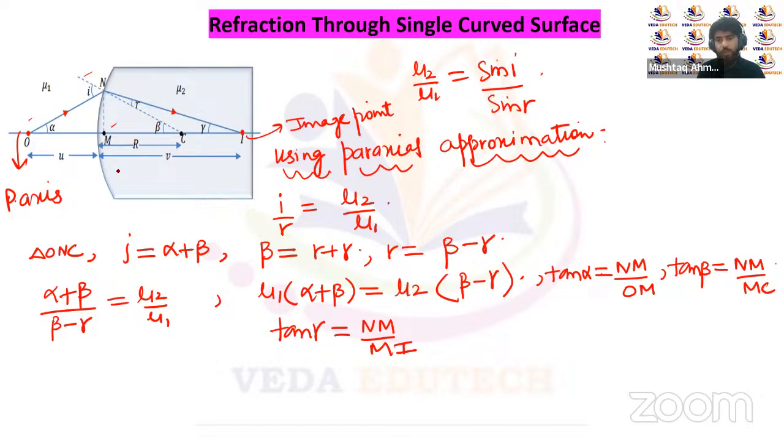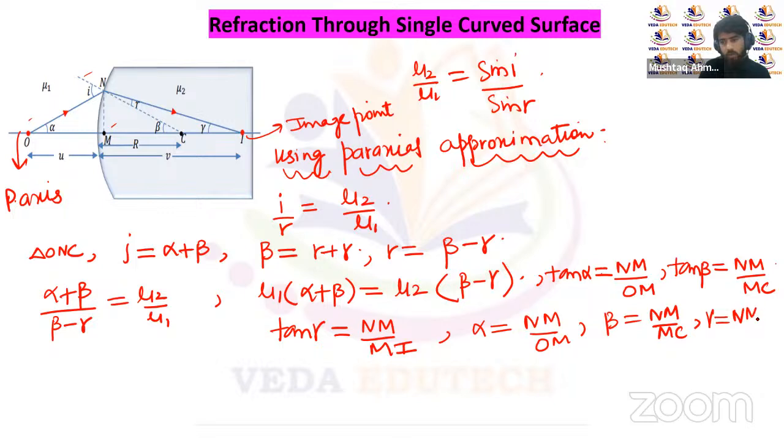Now substituting all these values using the paraxial approximation, tan of alpha will tend to alpha, so alpha will be equal to NM upon OM, beta will be equal to NM upon MC, and gamma will be equal to NM upon MI.